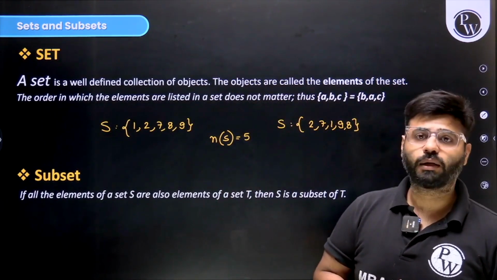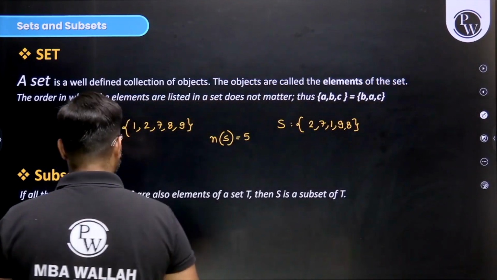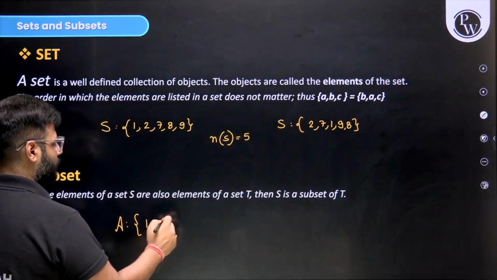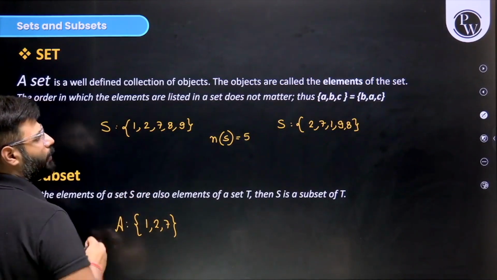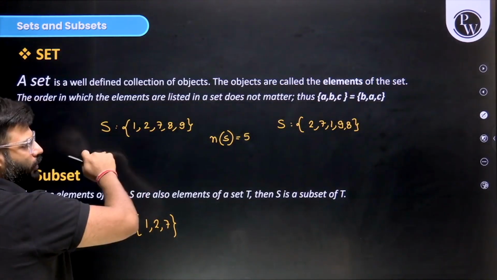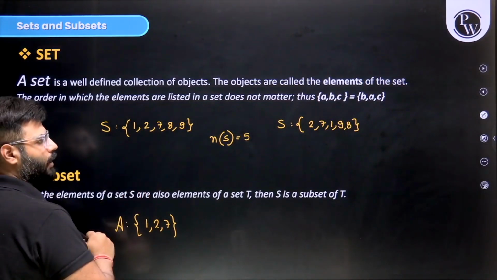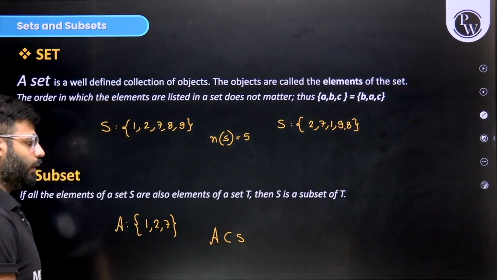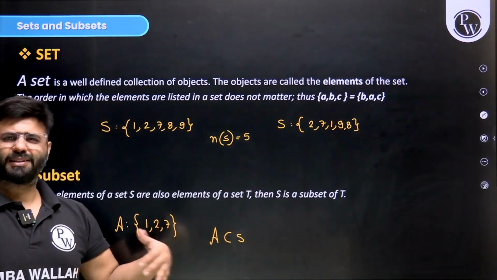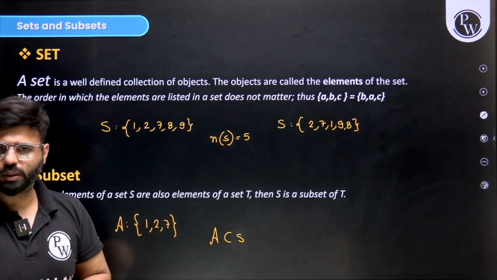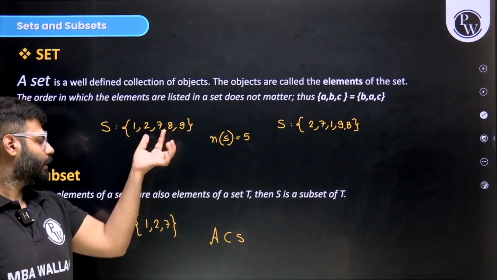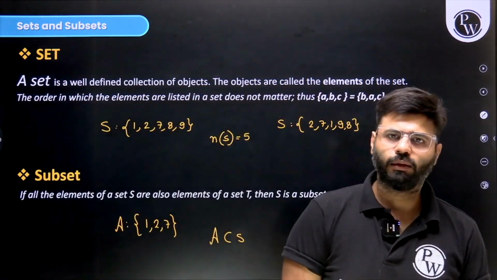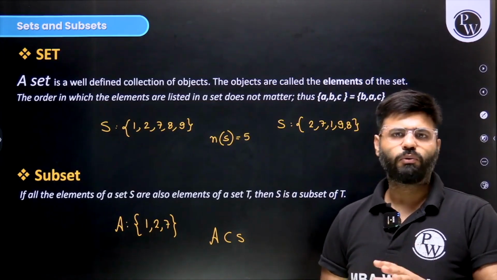And then you have a subset. Now the point is, what is the subset? अगर आपने एक और सेट बनाया let us say A, और इसमें जो भी एलिमेंट्स हैं वो सारे एलिमेंट्स सेट S में बिलोंग करते थे, दैट मीन्स दिस इज अ सबसेट ऑफ दिस पर्टिकुलर सेट. ये पेरेंट सेट है और ये उससे बना एक सेट है. इस केस में हम बोलते हैं A इज अ सबसेट ऑफ S. राइट, सो दिस इज अ सिंबल. हालांकि दिस इज जस्ट बेसिक थिंग्स ताकि आप डिनोशन पढ़ के समझ पाओ अगर कभी कुछ क्वेश्चंस आए तो. राइट, आपके लिए काफी सिंपल है. इधर से अगर एलिमेंट्स सारे इसमें दिख रहे हैं तो फिर ये इसका सबसेट है. राइट, so this is how you represent a set or a subset or how you write it down.